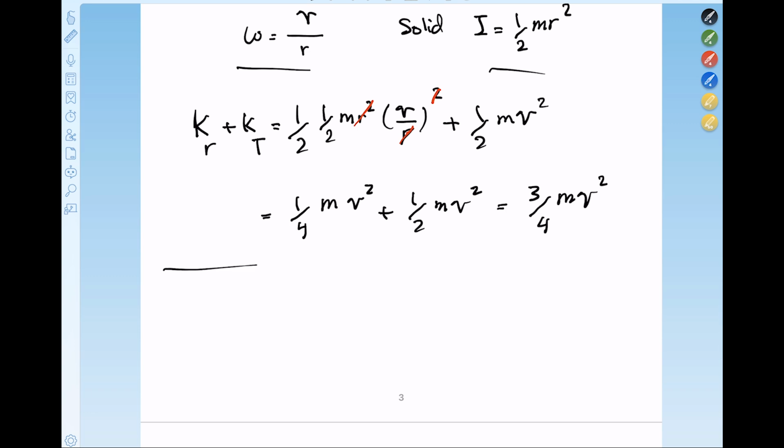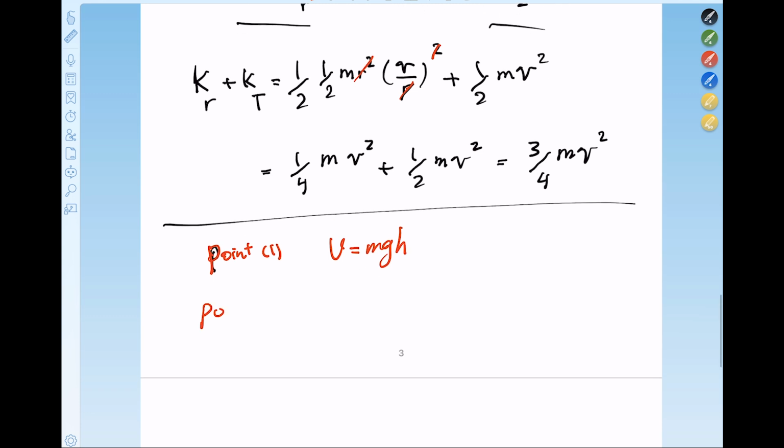For a hollow cylinder, we do this. This is the third part of the experiment. We do the same thing for the hollow cylinder. So at point 1 we have U, which is mgh.